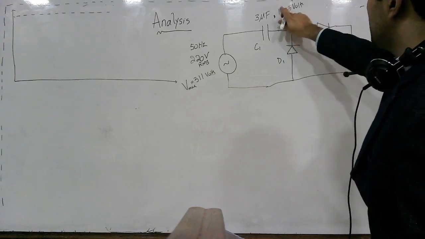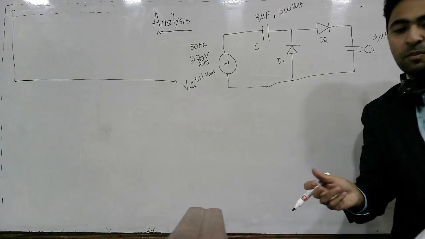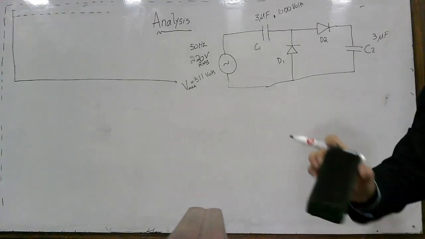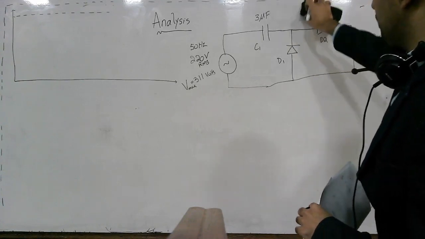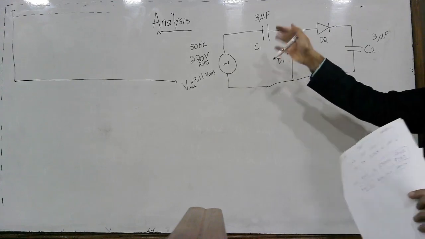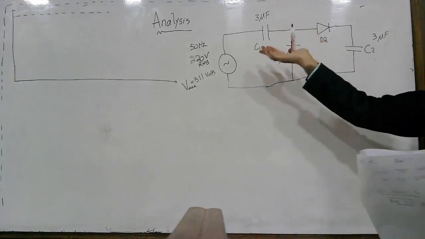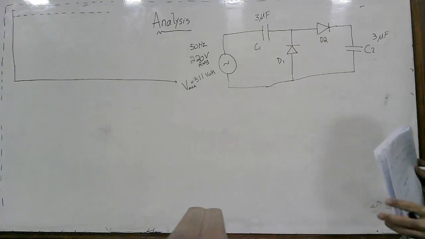So this is a 1000 volt, 3 microfarad capacitor, the specification of the capacitor. I am removing this 1000 volt from the diagram because I don't want to get confused with the output voltage. The 1000 volt was just the rating of the capacitor.